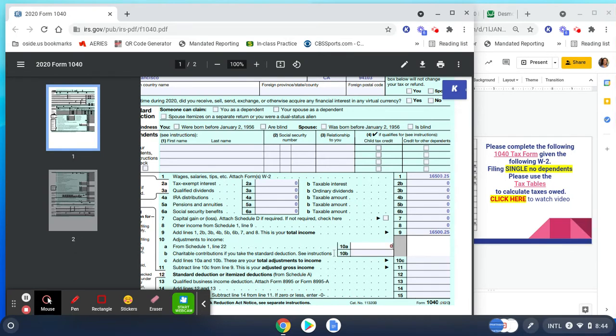This is not going to apply for most of you, and for most of our lifetimes, we're just going to put 0 there. Adding lines 10A, 10B together to get 10C, which is also just 0. Subtract line 10C from line 9. This is your adjusted gross income.